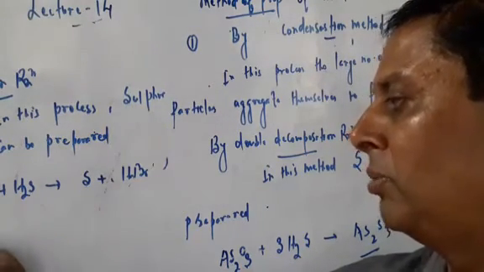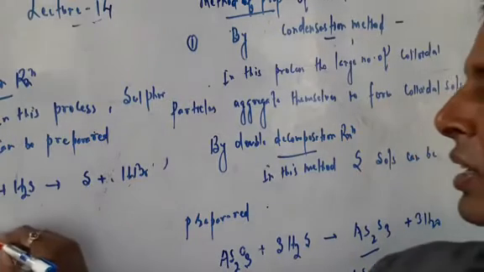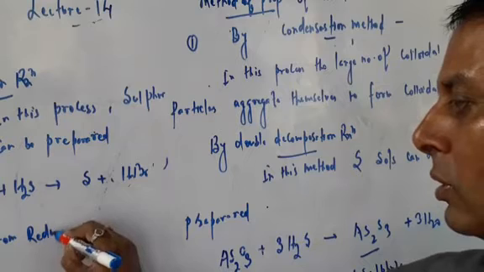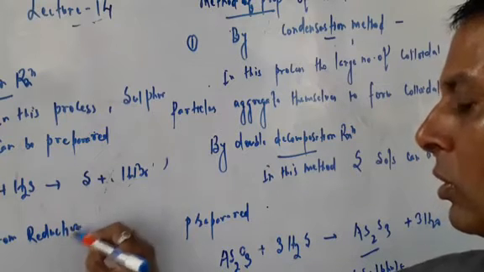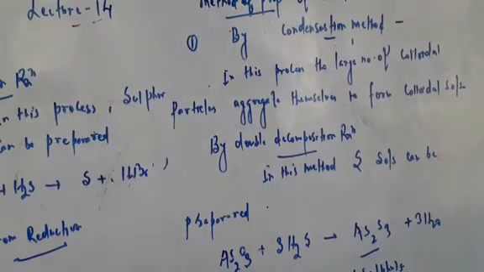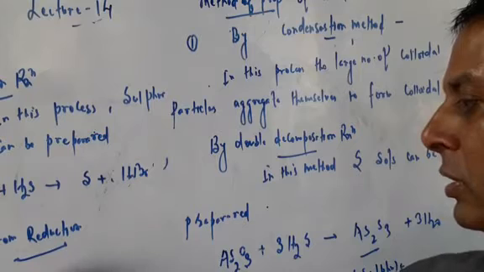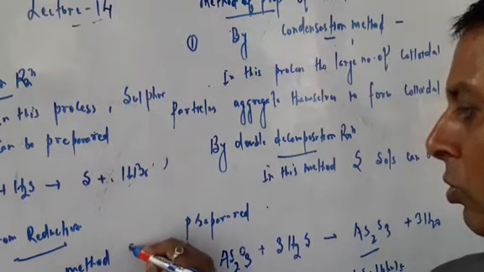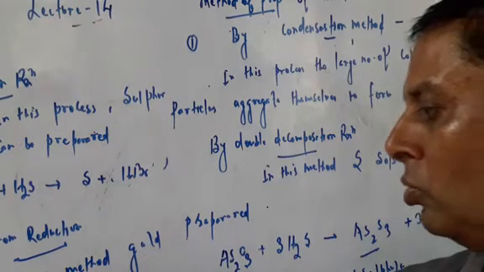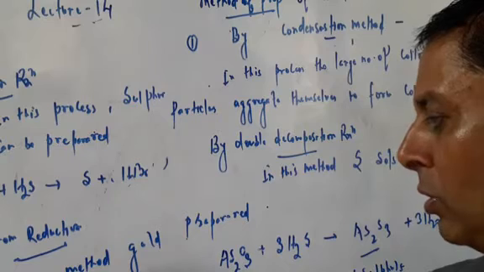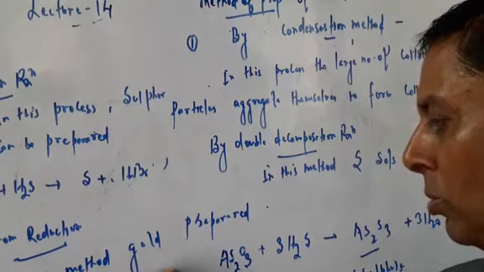Third preparation method is from reduction. In this method, gold sol can be prepared.